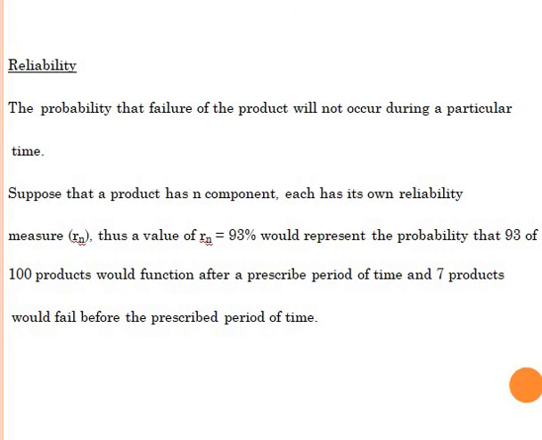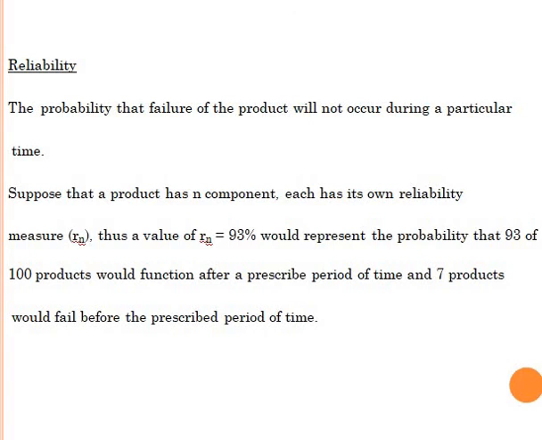They will say, for example, we have a reliability of 93% that this product will not fail before the first year. So this percentage is a probability, okay? It means that 93 out of 100 products will function for the first year, and only 7 products will fail before this year.